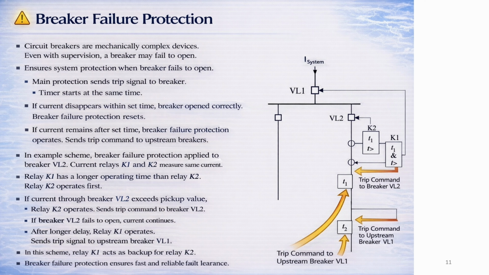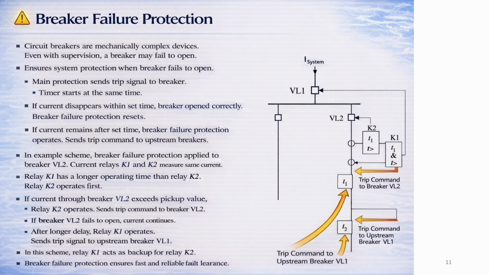In the example scheme, breaker failure protection is applied to breaker VL2. Current relays K1 and K2 measure the same current. Relay K1 has a longer operating time than relay K2. Relay K2 operates first. If the current through breaker VL2 exceeds the pickup value, relay K2 operates. It sends a trip command to breaker VL2.